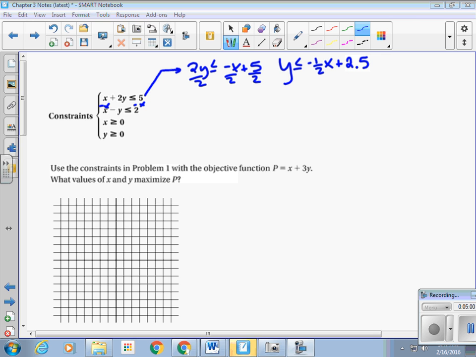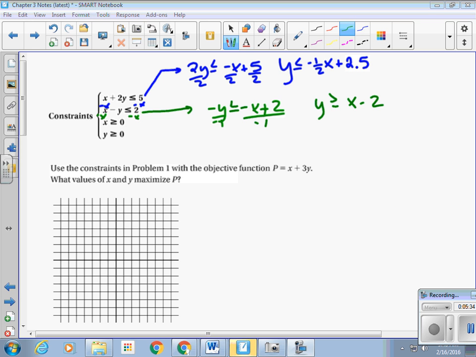Second one, so I'm going to subtract x from both sides. And then divide everything by -1. And when you divide by a negative, your inequality switches. And -x divided by -1 is x, and 2 divided by -1 is -2.